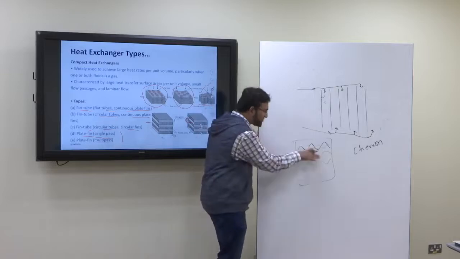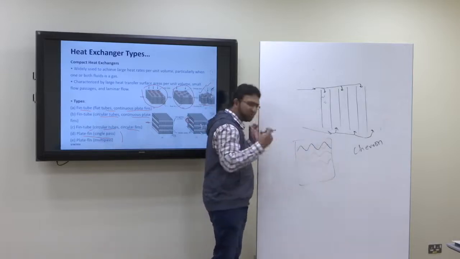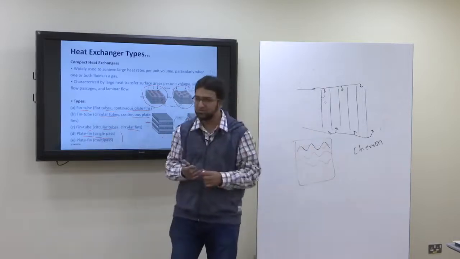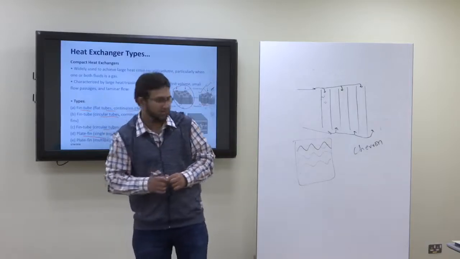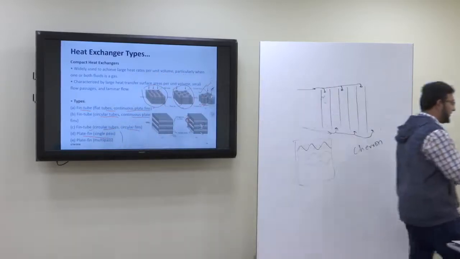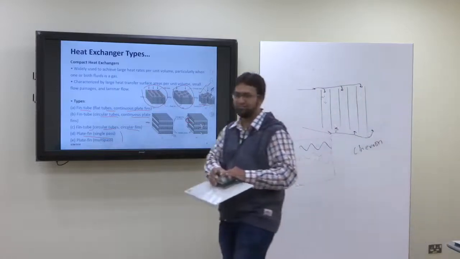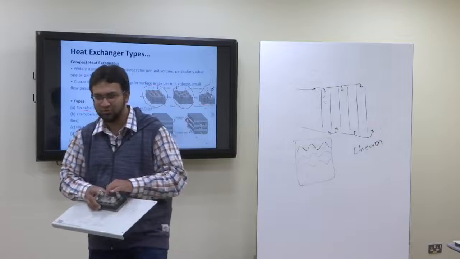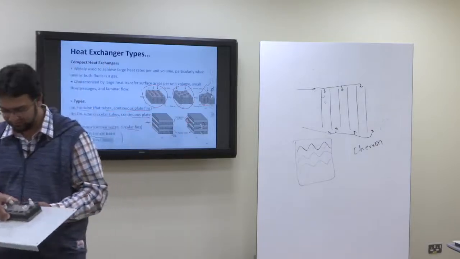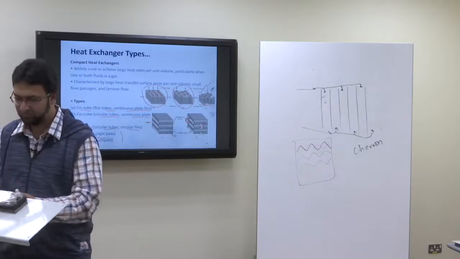So when the fluid passes through this pattern, there will be a lot of turbulence in it. Here, because this is a very small model, they did not put the chevron type embossing. It was just plate.